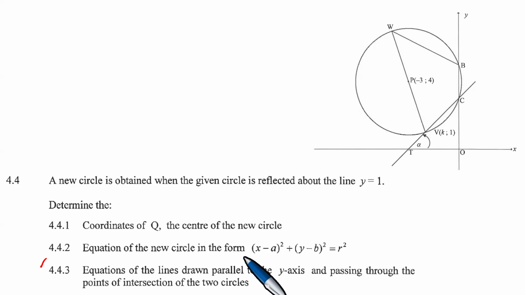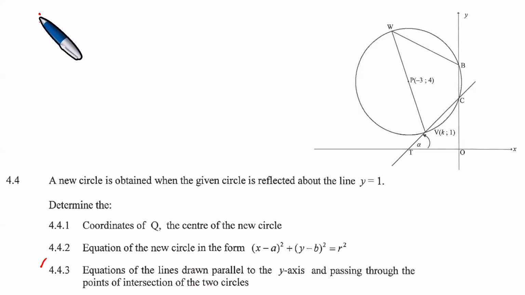We continue. What we want are the equations of the lines.